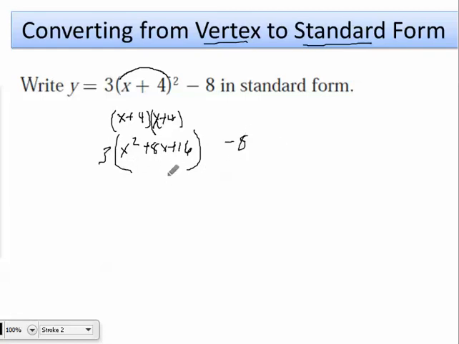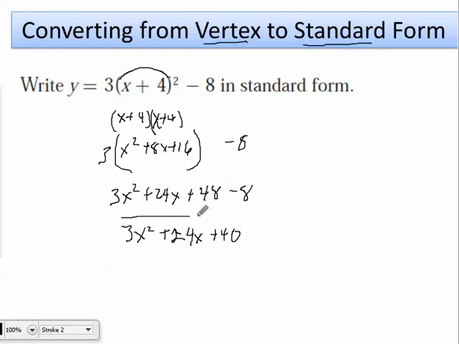So if I multiply the whole thing by 3, I get 3x squared plus 24x plus 30 and 18 is 48 minus 8. So I'm going to say 3x squared plus 24x plus 40.